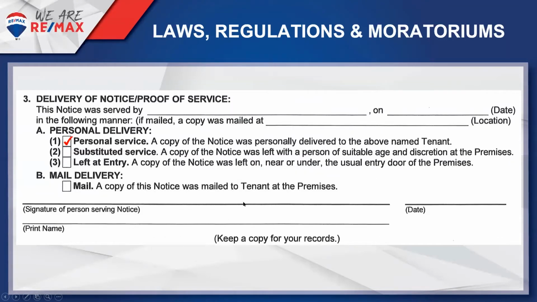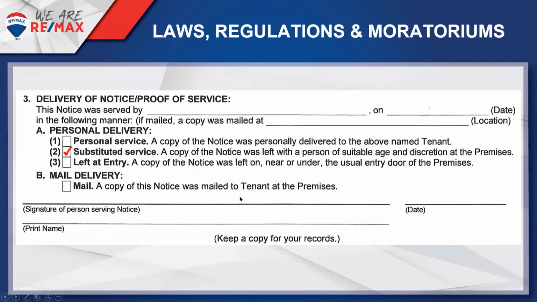Now, the way to deliver this notice, personal service can be one way to serve the notice. You hand it to a tenant, who's in the property, someone who's on your lease, on your rental agreement. So if you hand it to them, that's personal service. You can do substituted service.